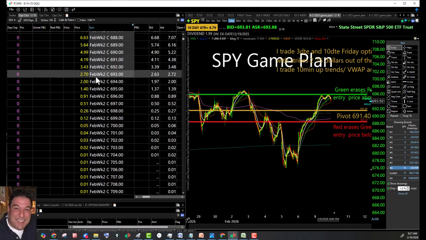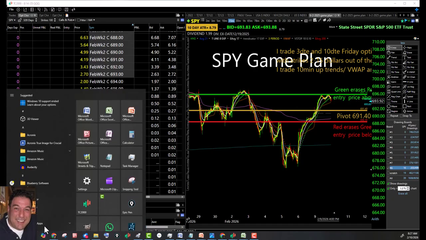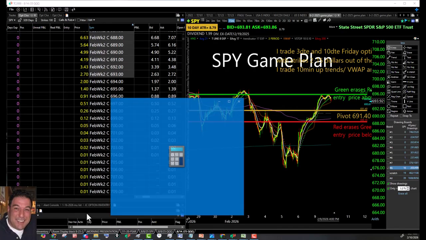Now, if I wanted in the money, see how the price rises to 7.43, 4.19. I usually like to get 10 contracts. Using the calculator, there's 100 shares per contract.